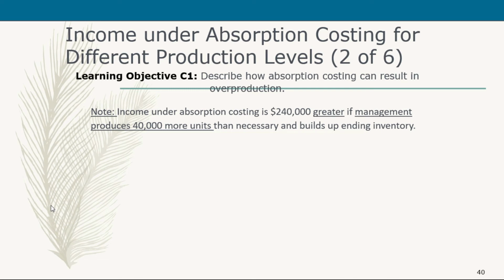Why so? Because your excess of 40,000 units will now be part of your inventory. In what value? That is 40,000 units multiplied by your fixed overhead cost per unit of $6, giving us a total value of $240,000. Okay?